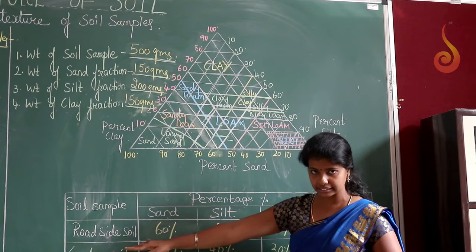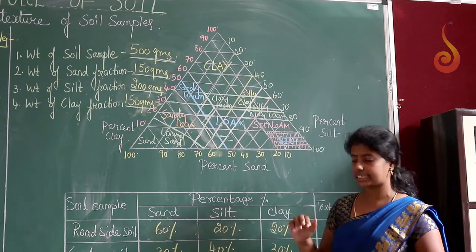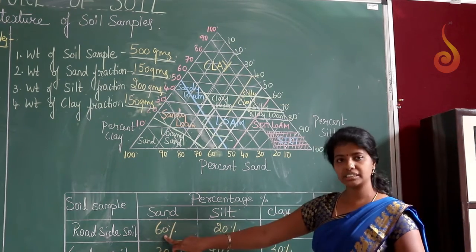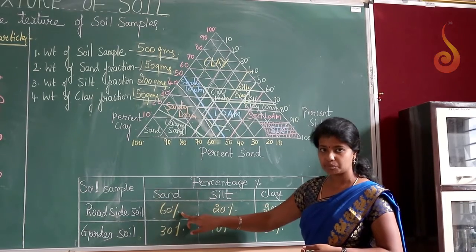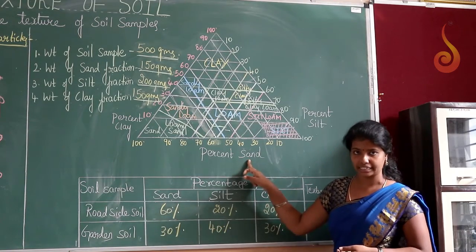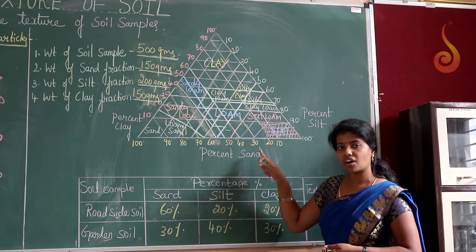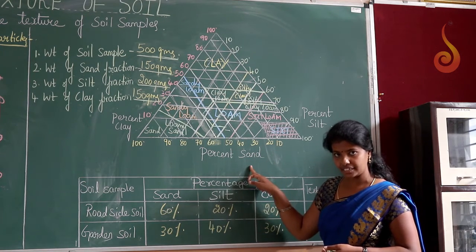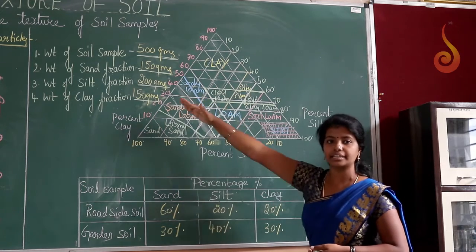First we will take this example. How to read the texture triangle? It is like this. Now from this data we know that percentage of sand is 60%. So sand is the baseline, horizontal base. Once you are reading the percent of sand, you have to go up towards the right.